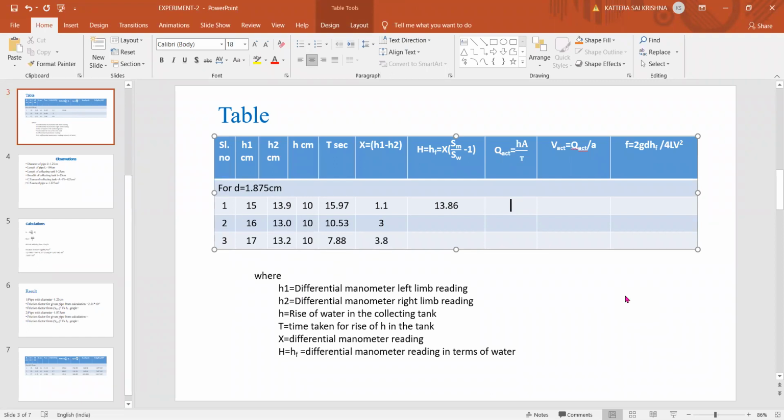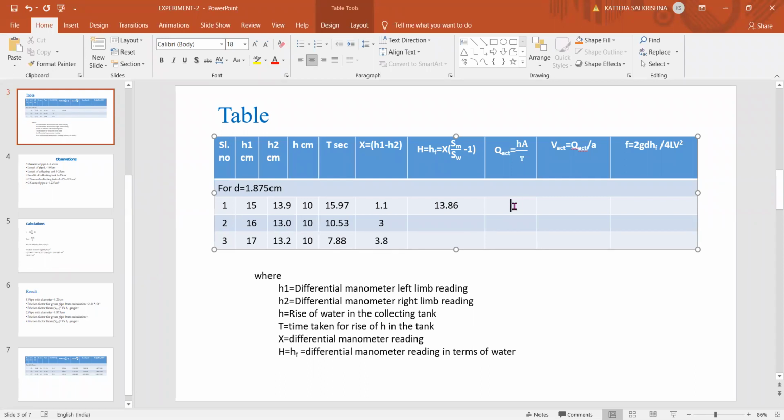Sir, 1.729, sir. Anyone speak? Pranay, you speak first. 1.7289. Which one you are telling? Q actual, sir. Q actual? 1.7289, what? 1.7289, sir. Yes, sir. Not audible properly, Pranay.